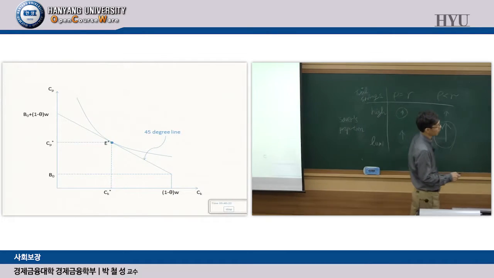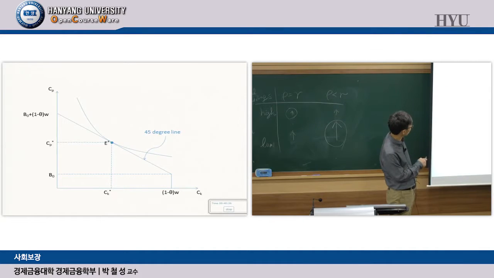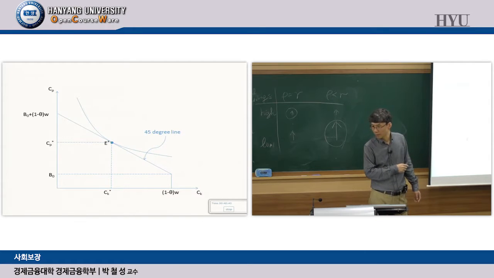So the parents get T, and the parents' consumption, CP star, is just B0 plus T. You can call that the interior solution. Get that? A simple solution.